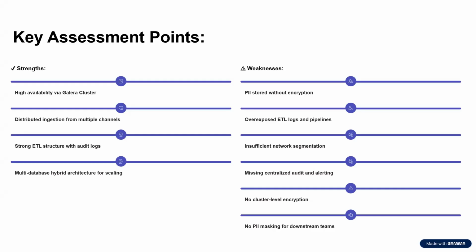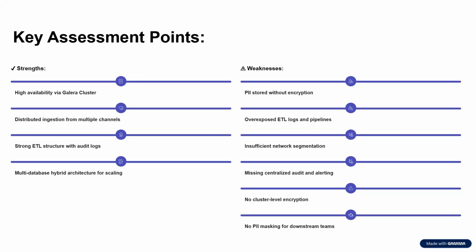Basically, high availability because we have Galera cluster, right? We have Galera because we want high availability and we have the distributed system. We do not just have a single system. Then our ETL pipeline is strong because we have audit logs.